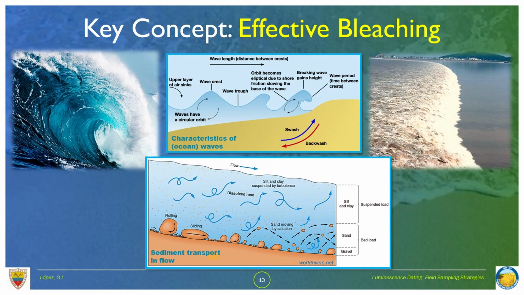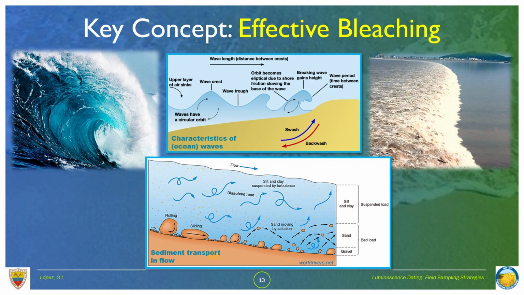Another concept to understand is effective bleaching, which translates into how turbulent the flow that transports your little grains of quartz and feldspar is. So it's very different if the flow is clear as opposed to a very turbulent flow such as this bore. So think about a tsunami wave versus a normal steady marine atmospheric conditions wave. The clearer the waters, or the clearer the flow in which your grains are getting transported, the more sunlight gets penetrated, so the better bleached your grains are going to be.